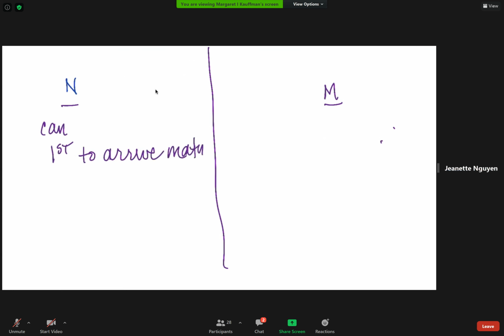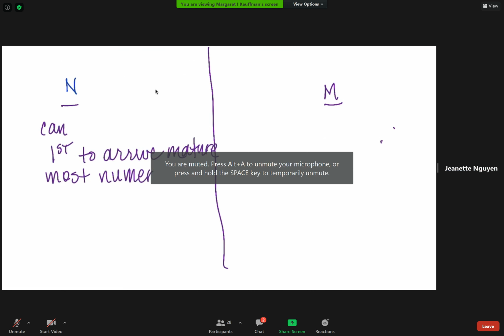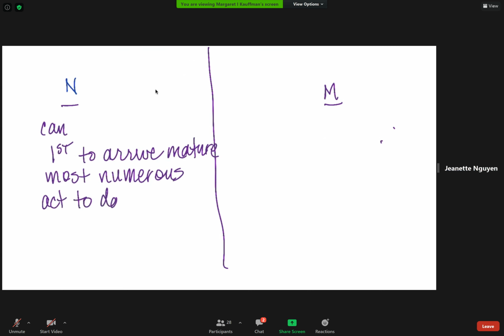Although they're most numerous, they actually cannot discriminate between self and non-self. They also destroy your own cells. They release hydrolytic enzymes that damage the pathogen, but also our own cells.